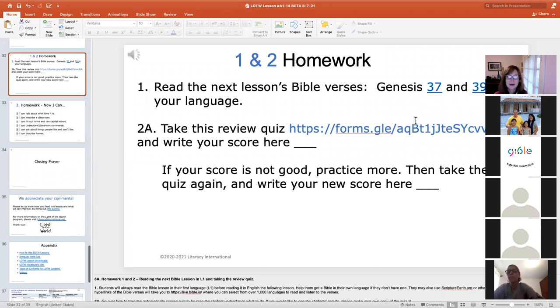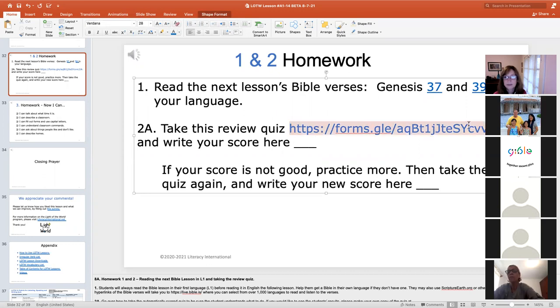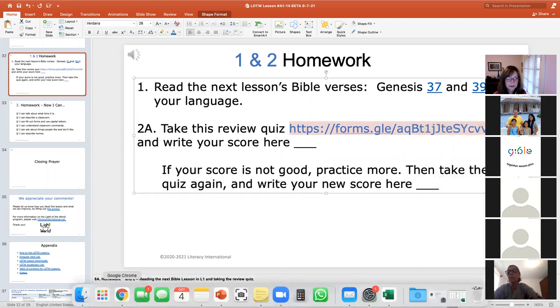The homework they're going to be doing, as always, is reading the next week's Bible story in their first language, and taking this review quiz. They can just copy and paste, or I think it's a hyperlink, and go to this quiz.